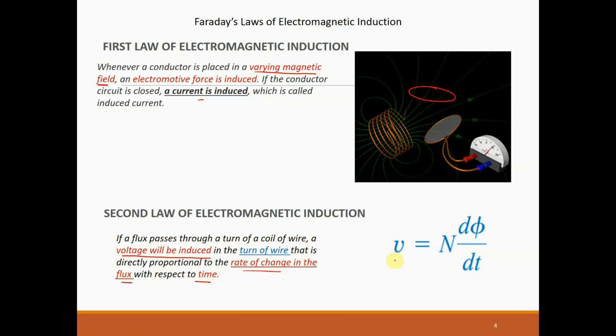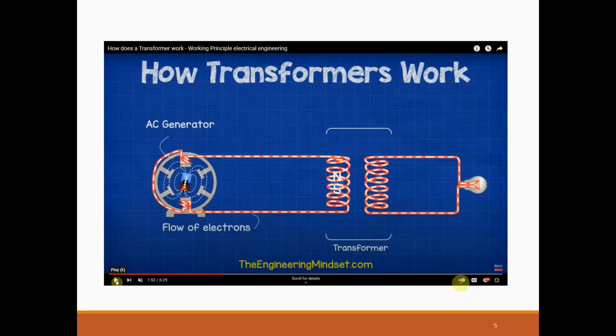So in equation form, the voltage induced in a turn of wire is directly proportional to the rate of change of the flux with respect to time. So v is equal to N, the number of turns, times dphi over dt, right? This is the equation for the induced voltage.